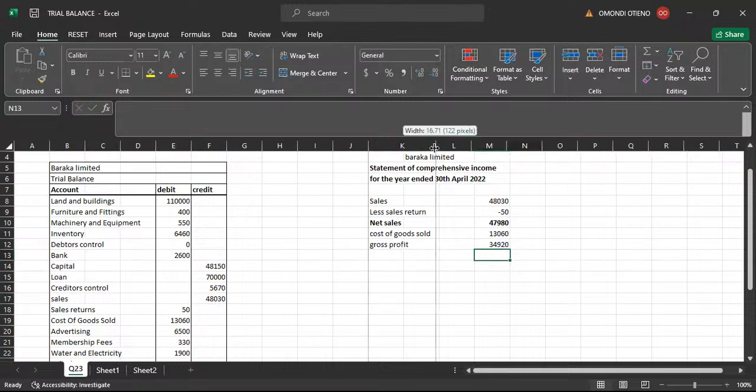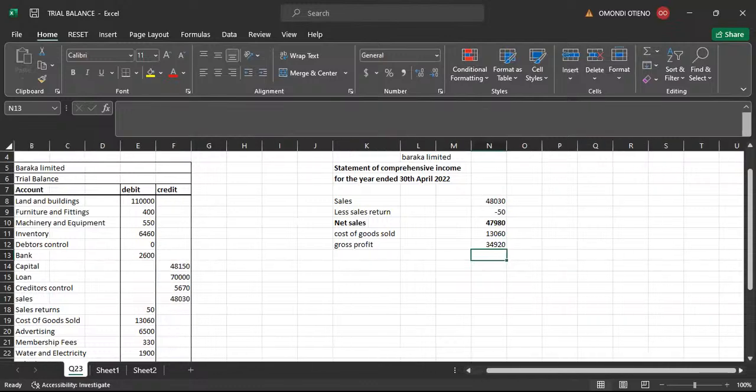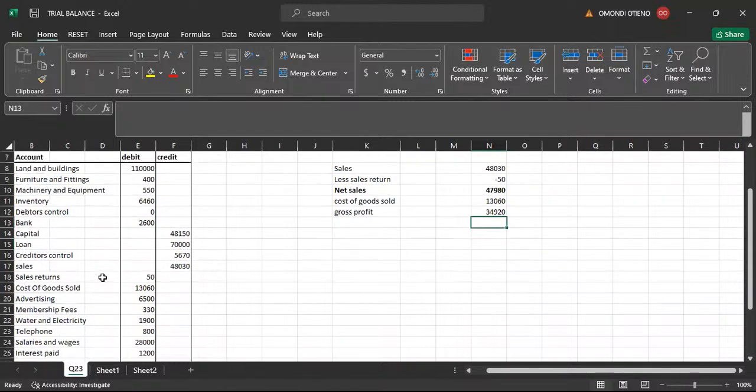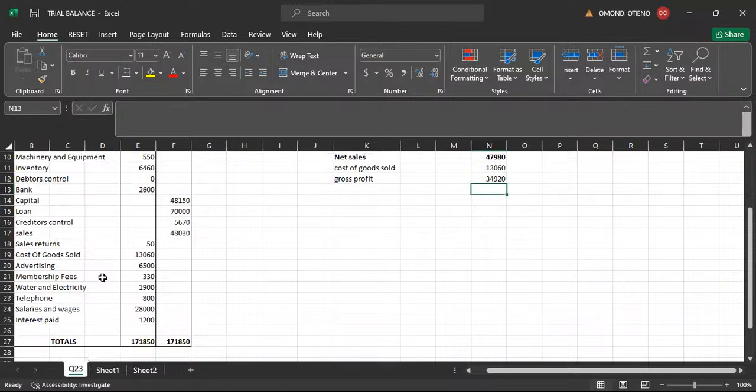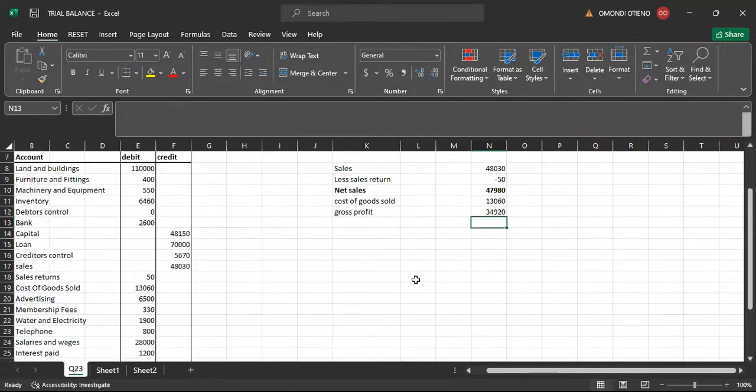I don't want to proceed beyond that point before I confirm that we are together. Just confirm to me that all of us are having 34,920 as the gross profit.